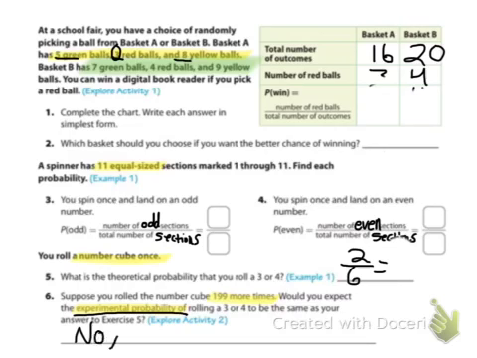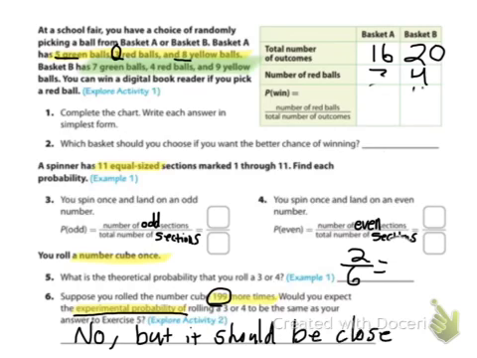No, we do not expect it to be exact, but there are 199 rolls, a total of 200. That's a lot, and the more that the event occurs, we expect it to be closer to the theoretical probability. So we're going to say no, but it should be pretty close. And that's it.